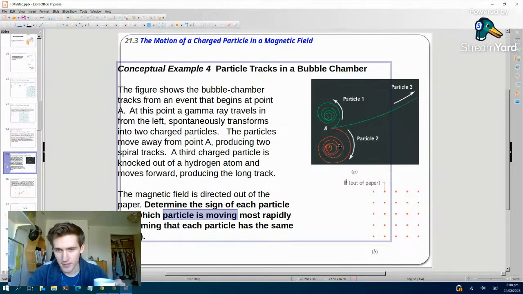And the centripetal force is equal to QVB.